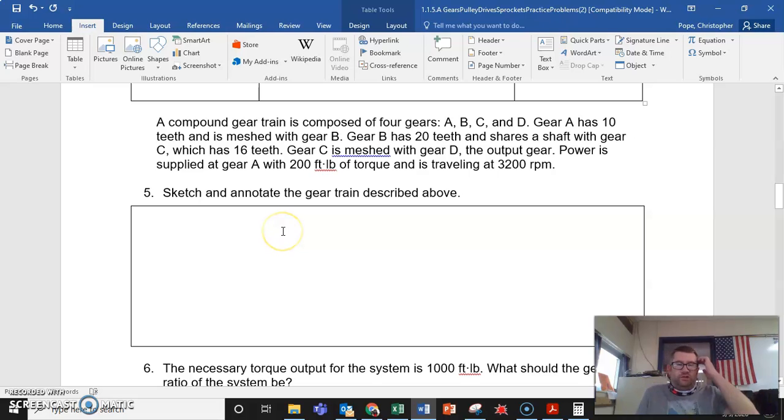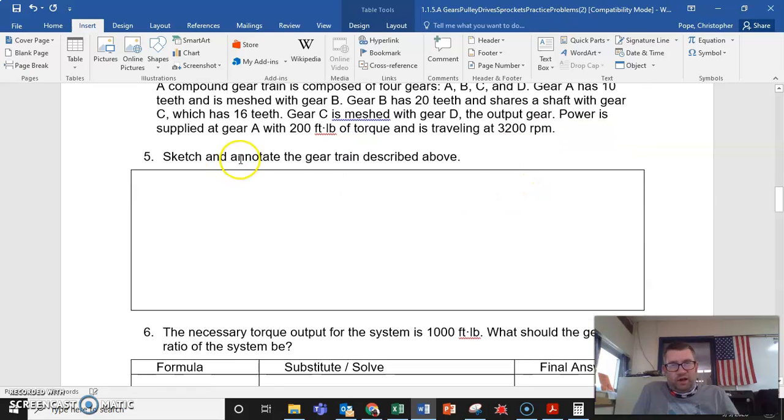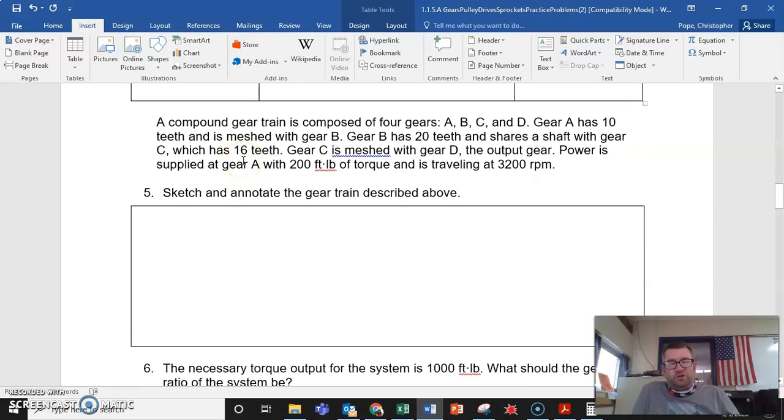Now, the good news is that all of these gear trains are going to work basically the same way. So the next problem asks you about compound gears. The compound gear train is composed of 4 gears, A, B, C, and D. Gear A has 10 teeth meshed with Gear B. Gear B has 20 teeth and shares a shaft with Gear C that has 16 teeth.